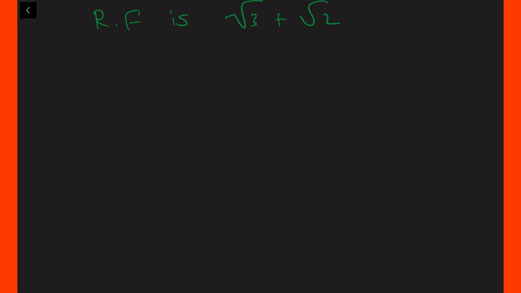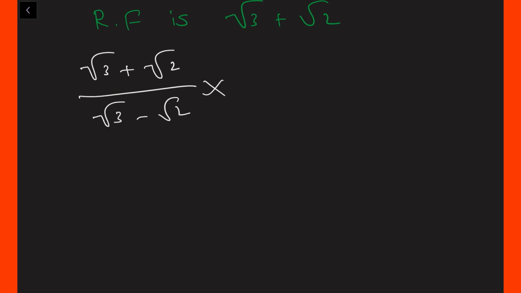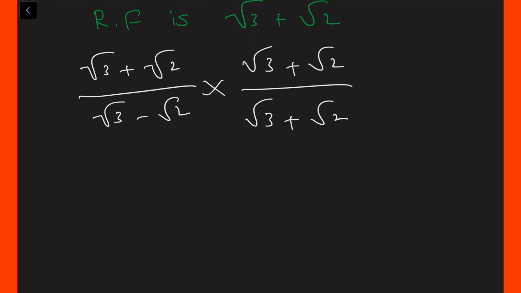The LHS we have root 3 plus root 2 divided by root 3 minus root 2, into, we need to multiply and divide by root 3 plus root 2 divided by root 3 plus root 2. If we observe the numerator clearly, here root 3 plus root 2, here root 3 plus root 2.